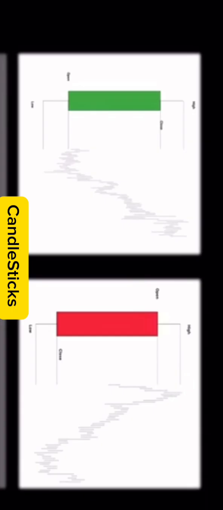Right? And note this down. Open, turtle soup into previous candle's low, CRT, and rally when bullish, and vice versa. Open, rally, turtle soup, and then dump.